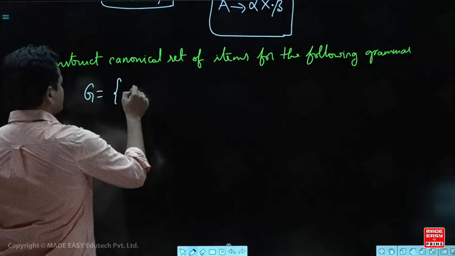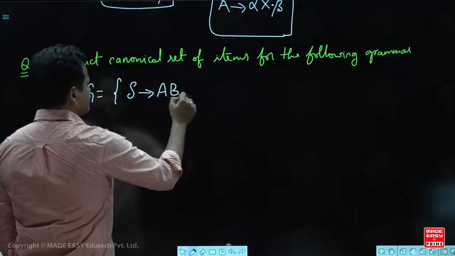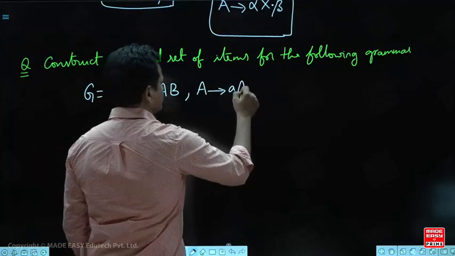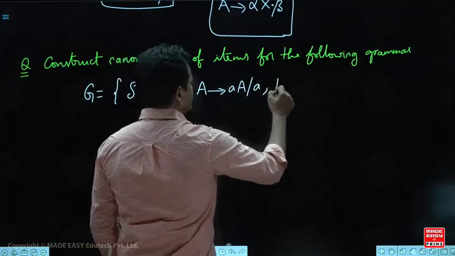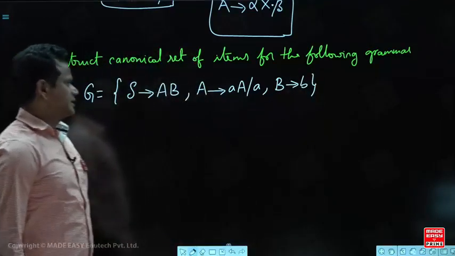So this previous example only I'll give you. S derives AB, A derives AA or A, and B derives B. The same example. Okay, take this question.